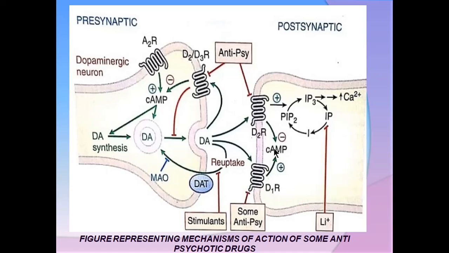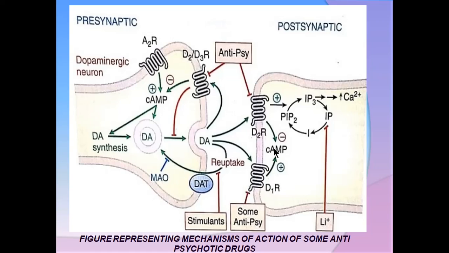D2-like autoreceptors suppress synthesis of DA by diminishing phosphorylation of rate-limiting TH and by limiting DA release. In contrast, presynaptic A2 activate the adenylyl cyclase-cyclic AMP-protein kinase A pathway and thence TH activity.